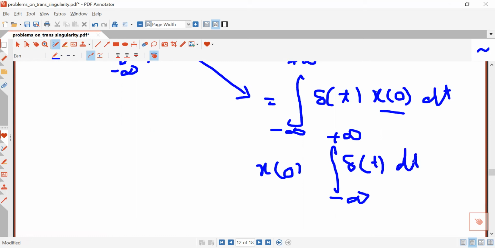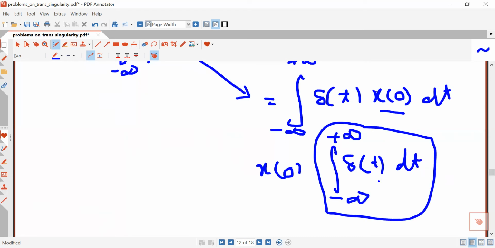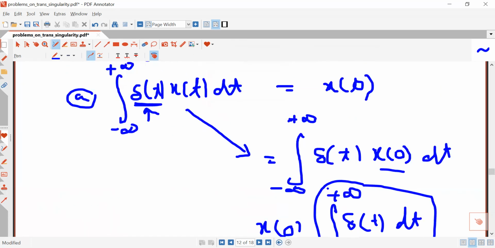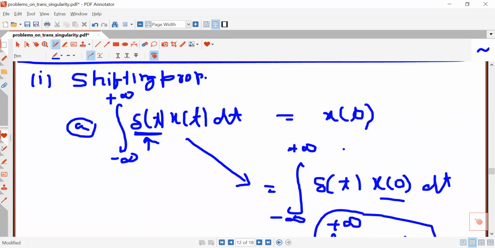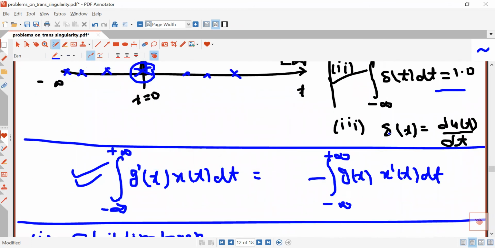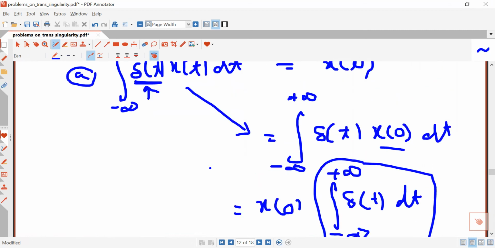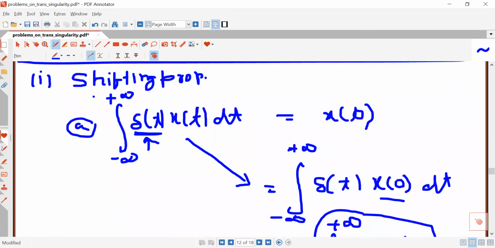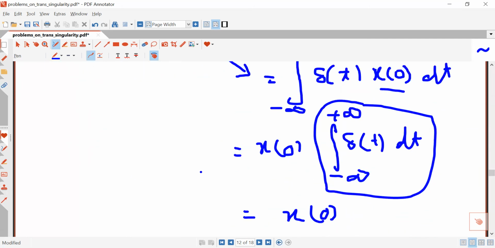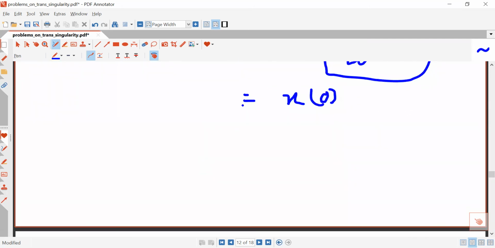This integration represents the area of delta t from minus infinity to plus infinity, and as you know, delta t is the unit impulse signal, so the area will be 1. So this will become equal to x(0). In this way, you can justify this statement. This is called the shifting property, and this property is very important because if I ask you to calculate this integration.